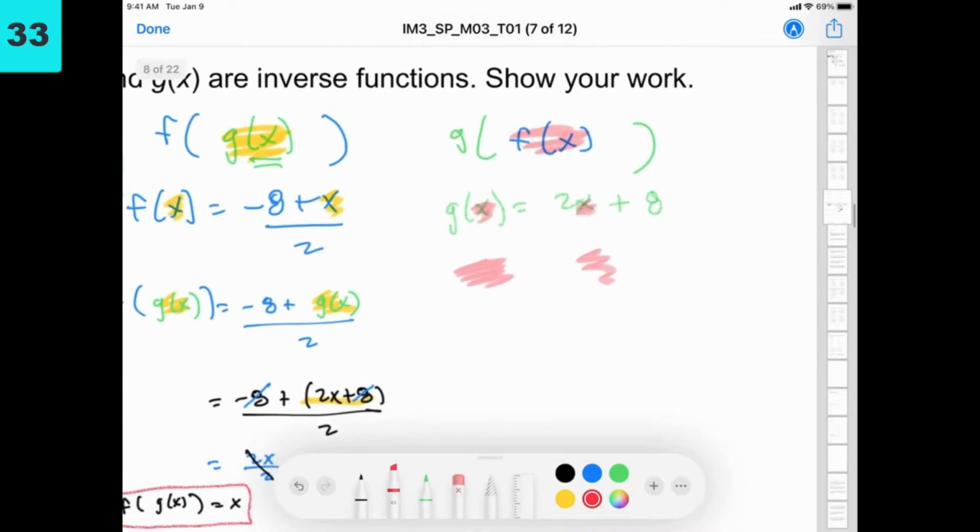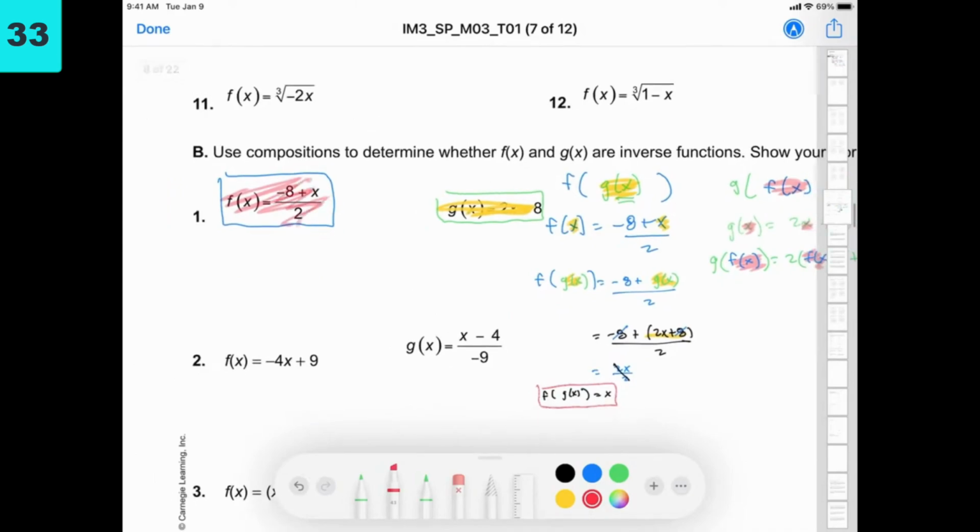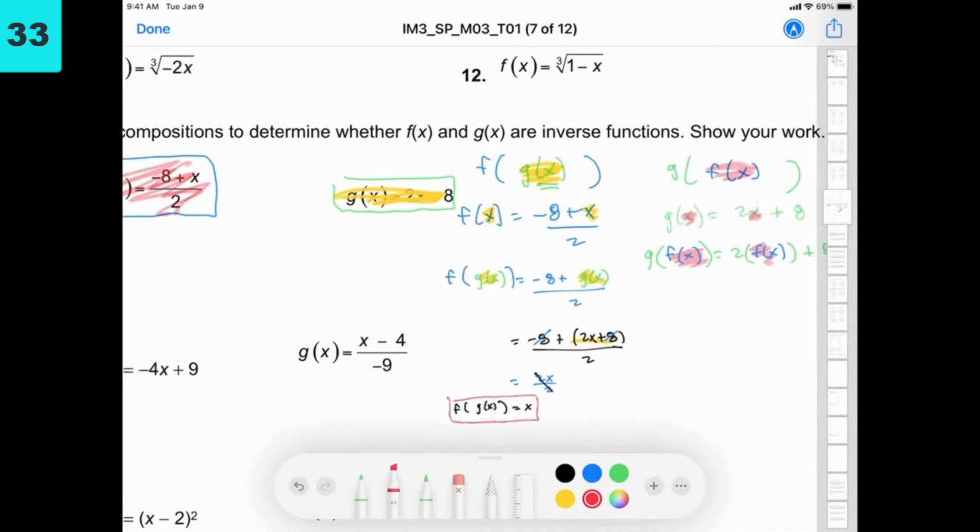Let's do that. So I have a g. We're going to put now in f of x. 2 times that plus 8. Well, instead of writing f of x, you go back over here, you're going to be writing negative 8 plus x plus 2.